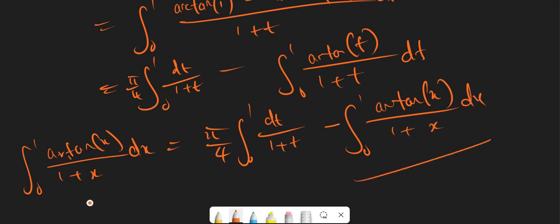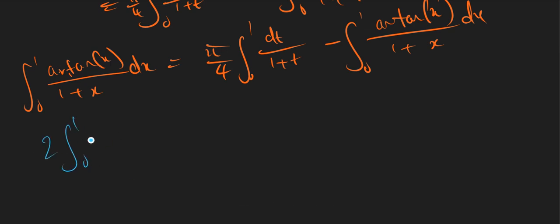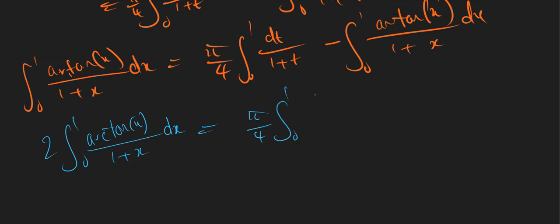Notice that this and this are the same thing, so we can bring it to both sides. So you have twice the integral from 0 to 1 of arctan of x all divided by 1 plus x dx equal to pi over 4 times the integral from 0 to 1 of dt over 1 plus t.